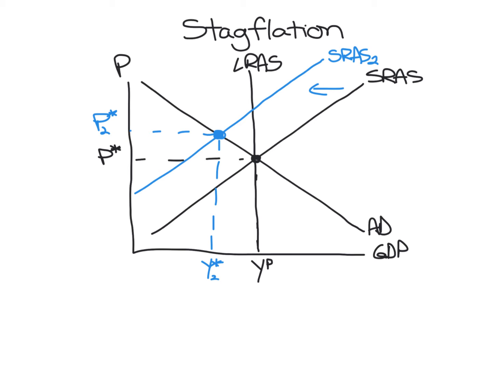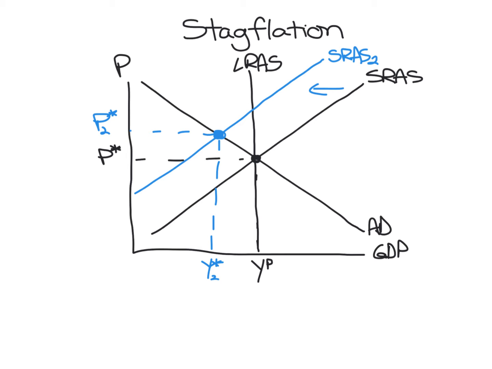So what we're going to look at now is how policymakers might address this scenario, and we'll see that it can be really challenging, right? So think from the policymaker's perspective, how we might try to deal with this. Well, unfortunately, what we'll see is we can only deal with one issue at a time. We can either close this recessionary gap here, bringing GDP back up to potential GDP, but when we do that, we're actually going to cause even more inflation.